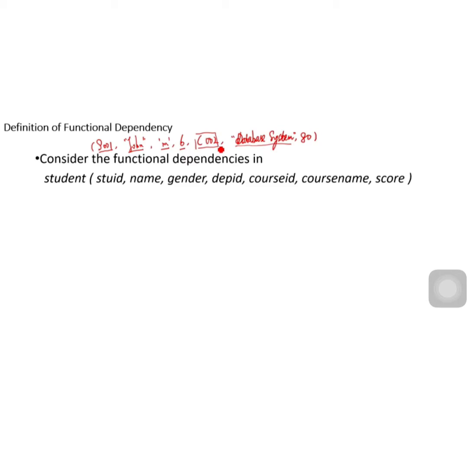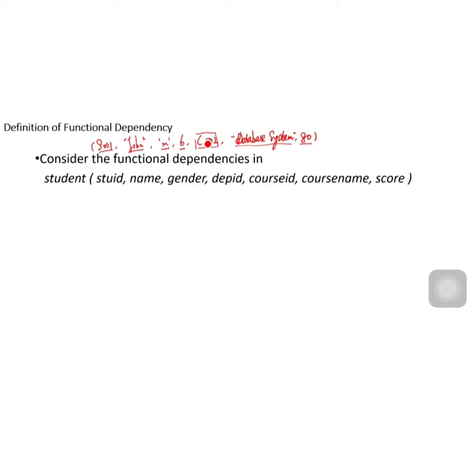Course ID identifies each course. And 80 is the score S001 got in database systems in this course.